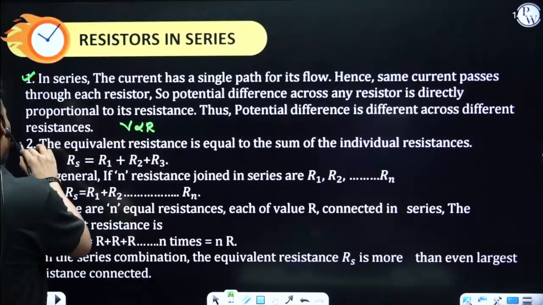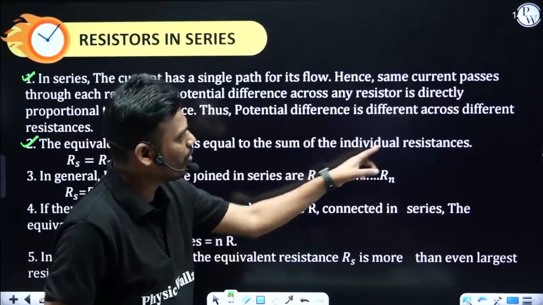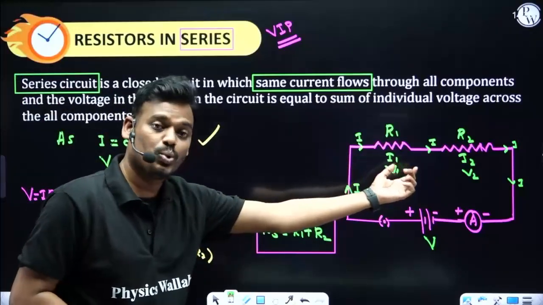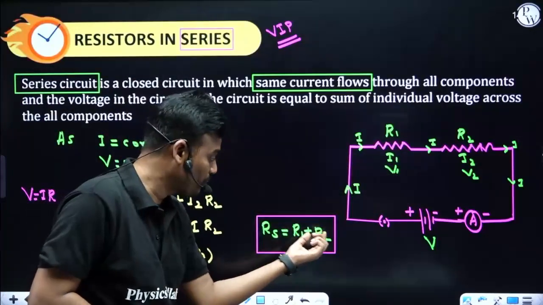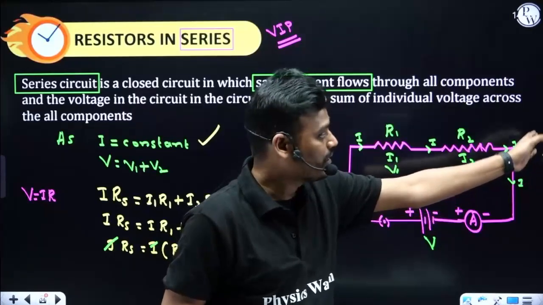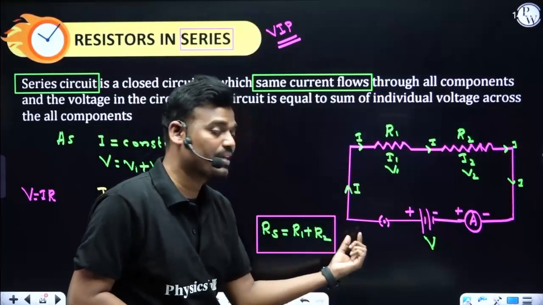Now, second point: the equivalent resistance is equal to the sum of individual resistances. Here we have used only two resistors, therefore R1 plus R2. If I use a few more resistors, for example R3 and R4, the sum is R1 plus R2 plus R3 plus R4.